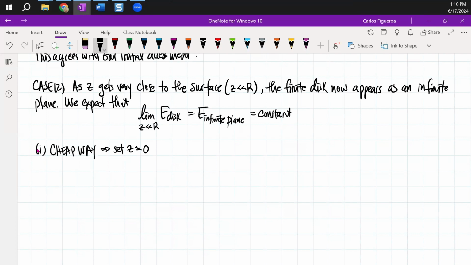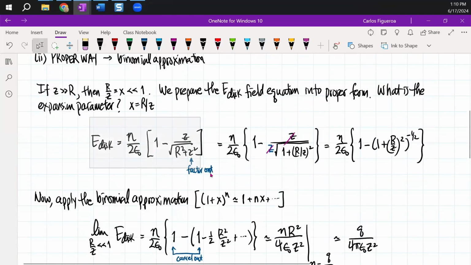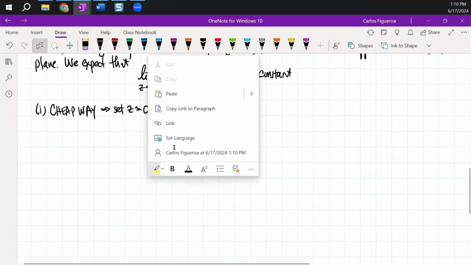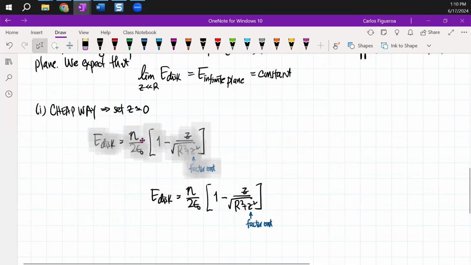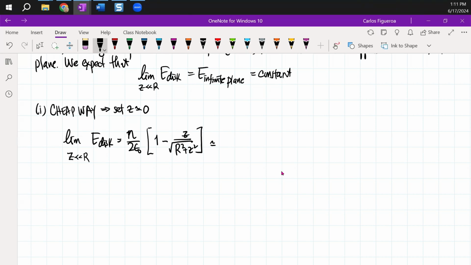So then once again, I really have this again, so I'm just going to copy it right here, because that's the exact same write-up. The only difference here is that I'm looking at the limit as z gets much, much smaller than R. And if you look at this, what am I actually seeing? Well, z is getting very close to 0, so then I can approximate the field.